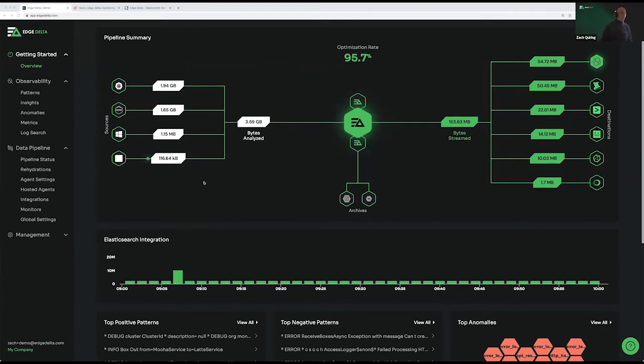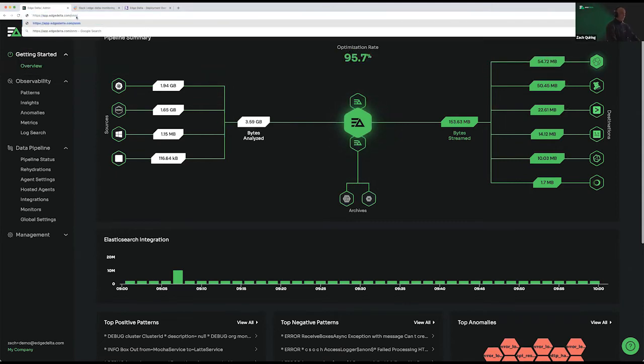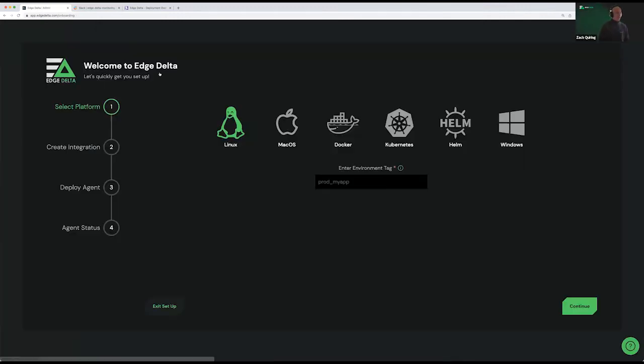So getting into that, I'll walk through, if we were to say, hey, we want to start with deploying Edge Delta in one of our environments. For the focus of this demo, we'll use Kubernetes as an example. So if we said, let's roll out Edge Delta straight to our production instances.